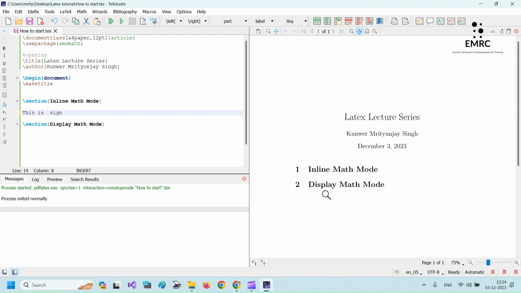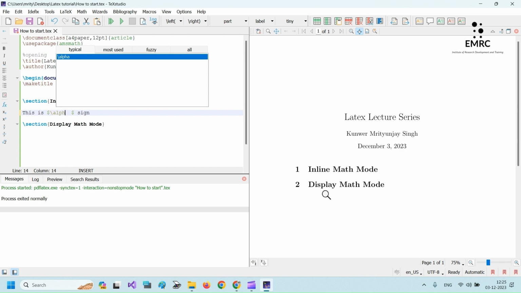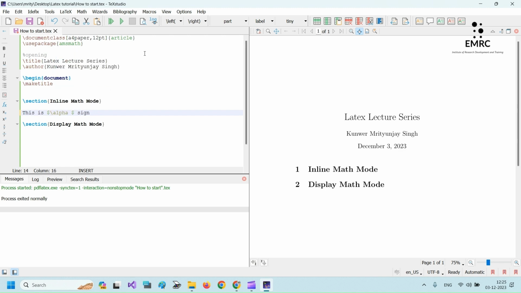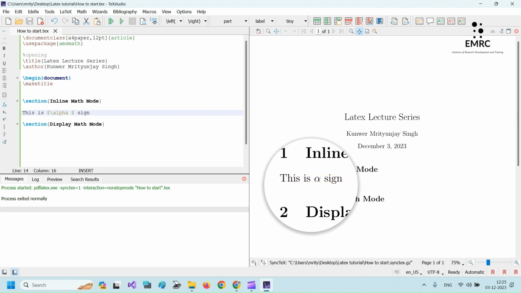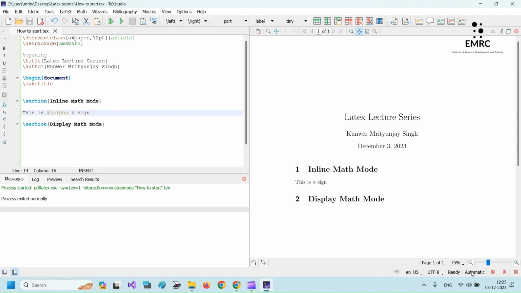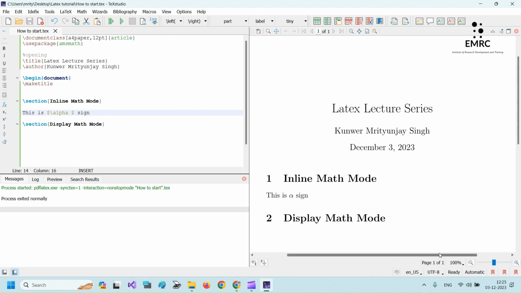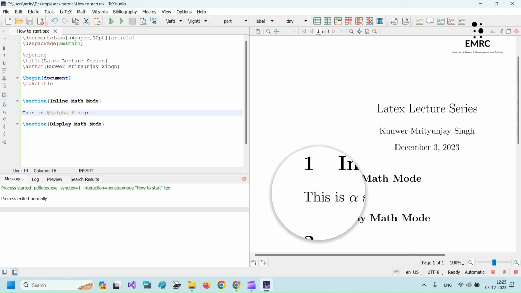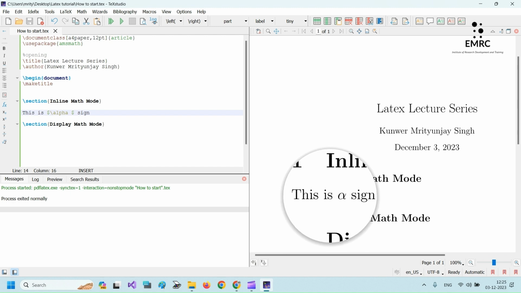So just remove it, and use a dollar at the beginning and at the end. How? Dollar, then backslash alpha. Now compile it. You can see this is alpha sign.